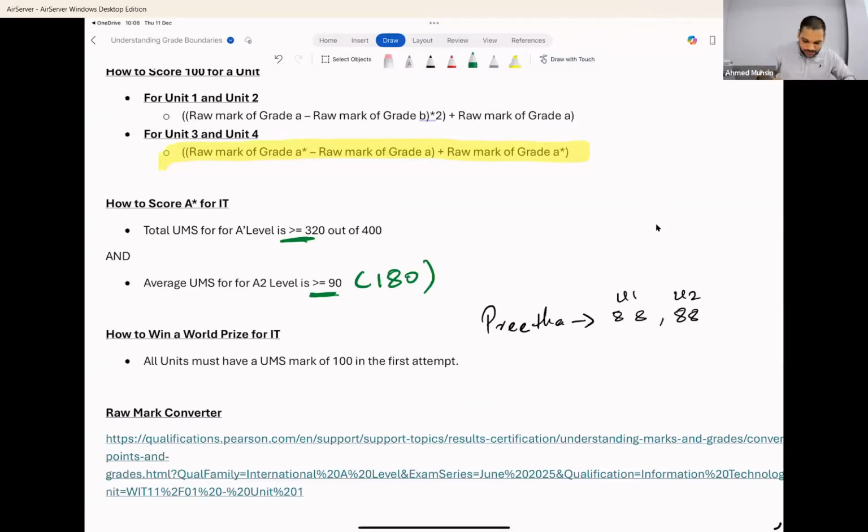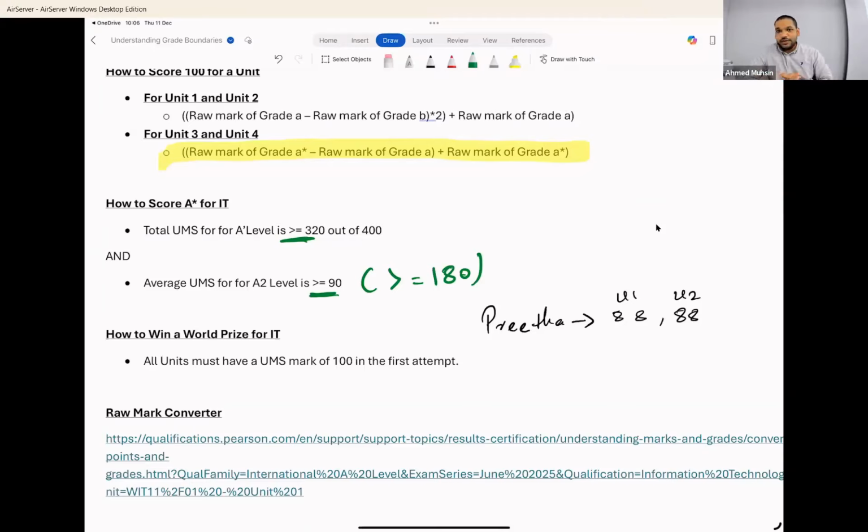Your total UMS for A2 should be greater than or equal to 180, which is not too difficult. Total A-level UMS should be at least 320 and total A2 UMS at least 180.